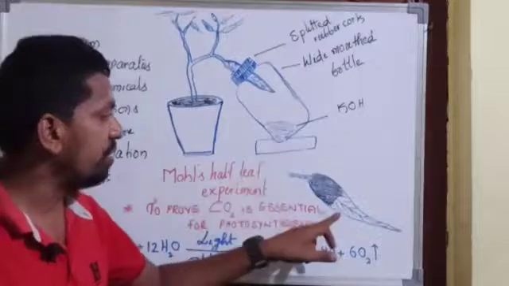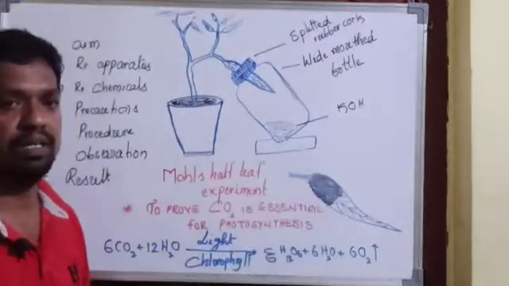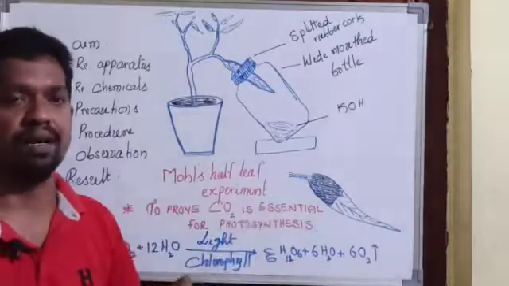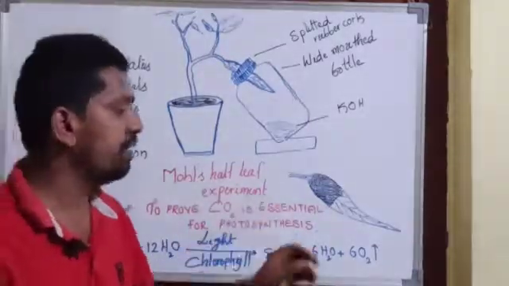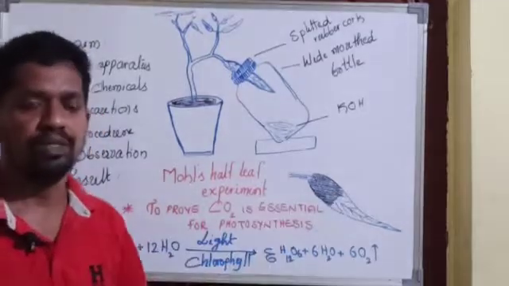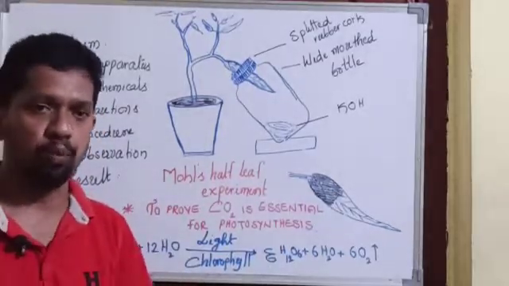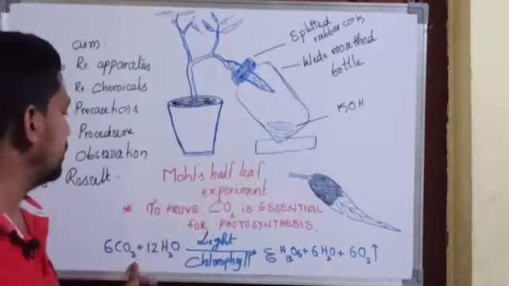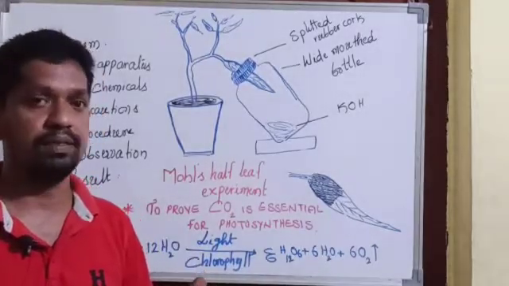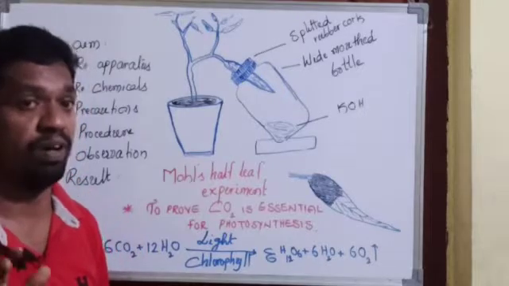Means the second half of the leaf which is inside the bottle is not given carbon dioxide gas. That is why the second half did not prepare carbohydrates. So by doing this experiment, we proved that carbon dioxide is essential for photosynthesis. Very easy and interesting also.